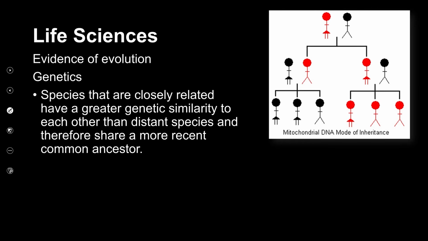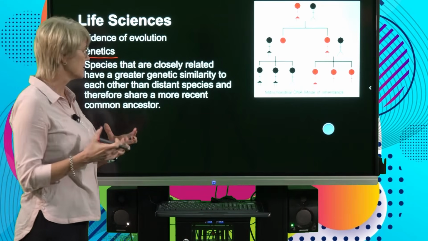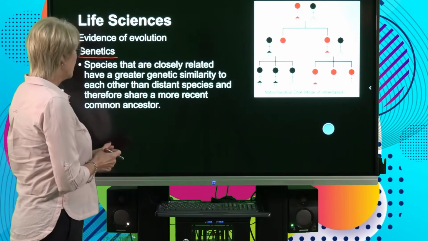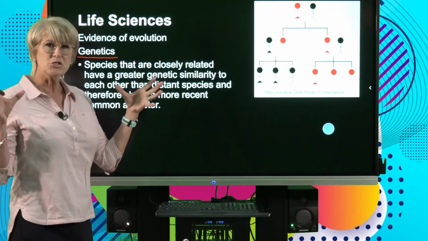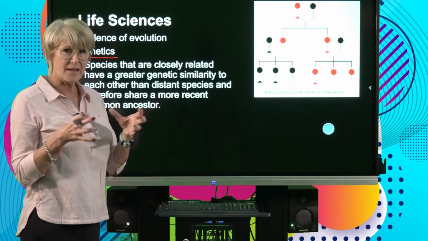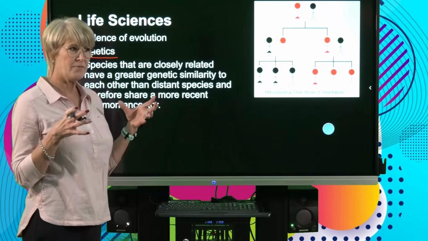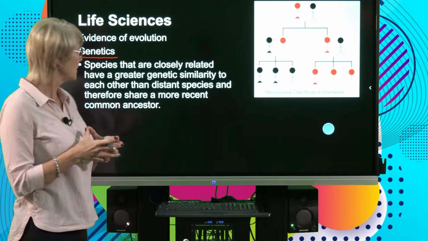All right, then the next concept we're going to have a look at, the next form of evidence, is what we call genetics, and genetics is very important. With genetics, basically, we look to see how closely related organisms are. So the more genes that they have in common, the closer the relationship.